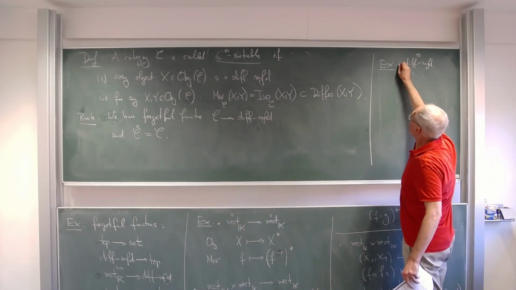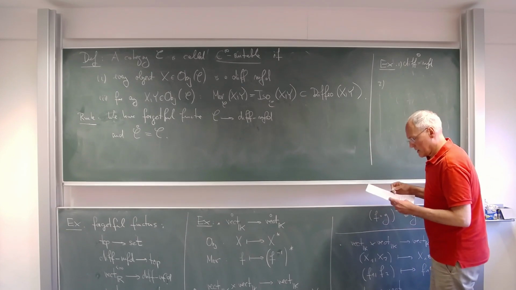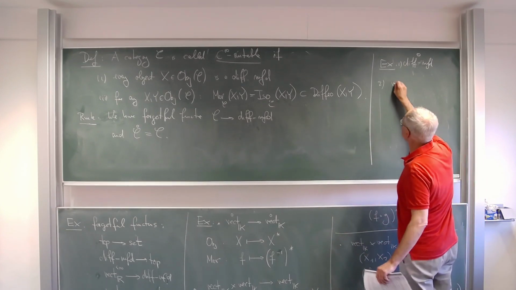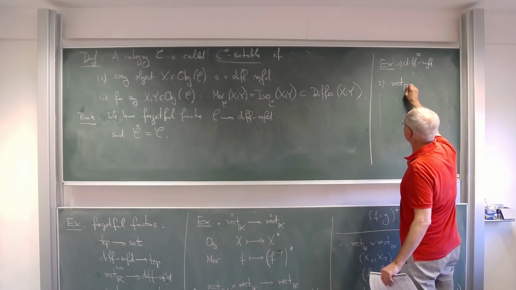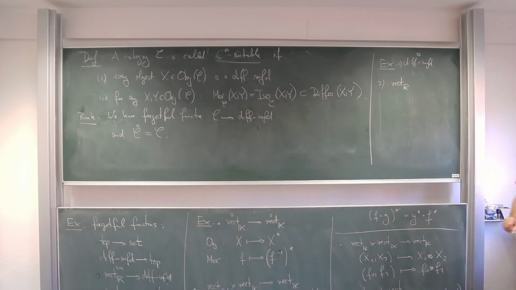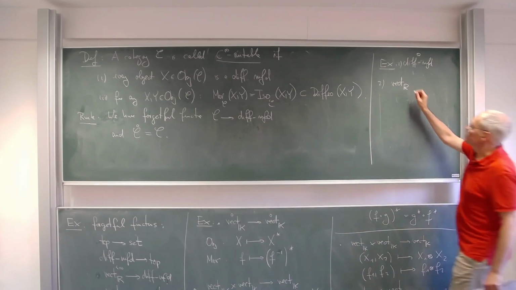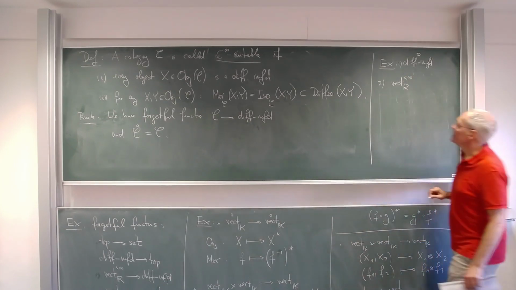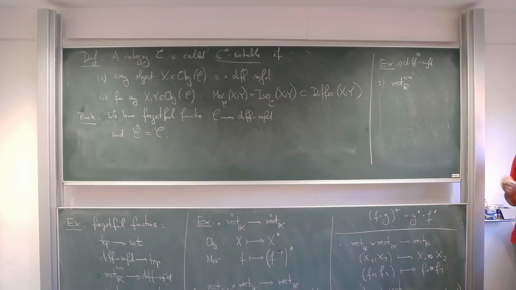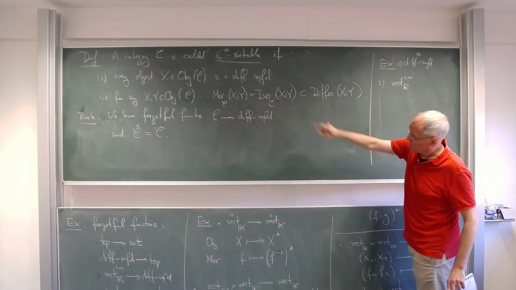Then another example would be to say, okay, let's take real vector spaces. Every finite dimensional real vector space is a manifold, and every linear map is a smooth map, but they are not all invertible.